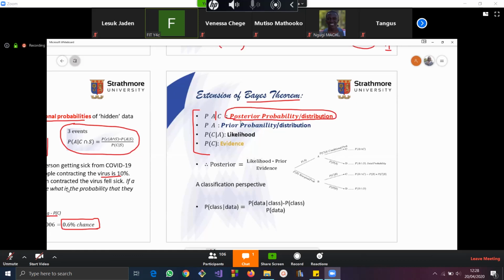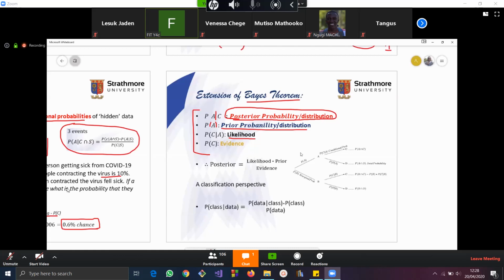So you will hear people talking about posterior distribution. The probability of A, the marginal probability of A, and I've redrawn the tree here, is going to be called the prior. You will hear and you'll actually write code to compute the prior. The probability of C given A is called the likelihood, and this we will do a lot.